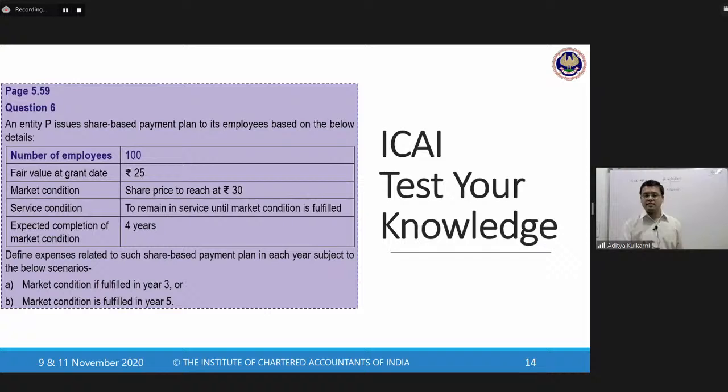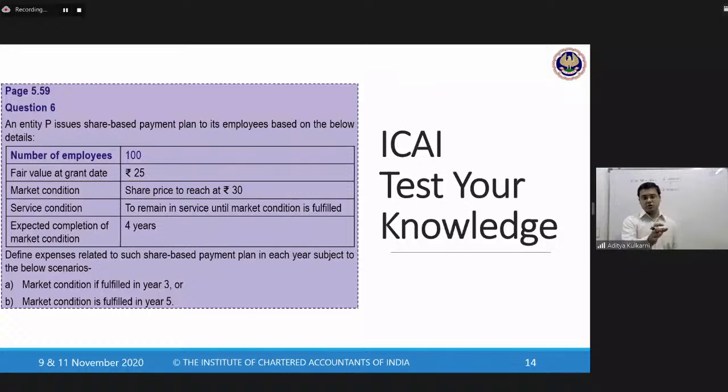Define the expenses related to such a share-based payment plan in each year, subject to the below scenarios. If the market condition is fulfilled in year 3 or the market condition is fulfilled in year 5. What is your expected completion of the market condition? The expected completion is 4 years.